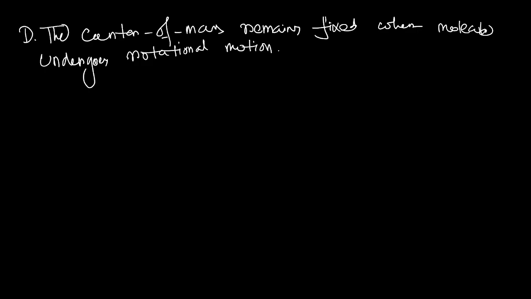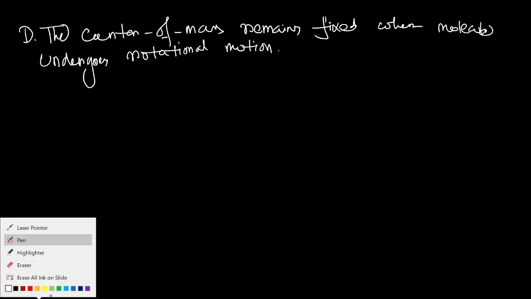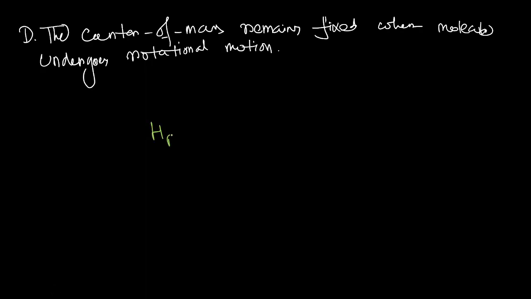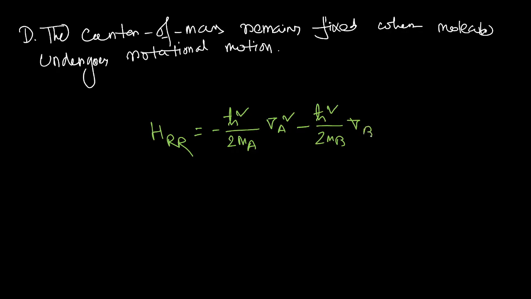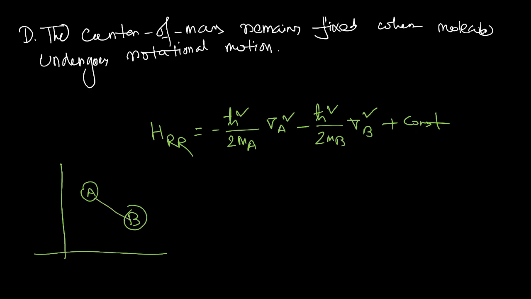So in rigid rotor approximation, the H_rr is nothing but for two systems with some constant term. Now think like this: this molecule A and B is here, at a separation. This is a mass Ma.